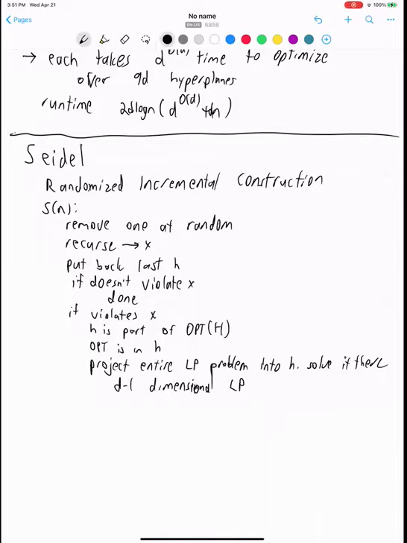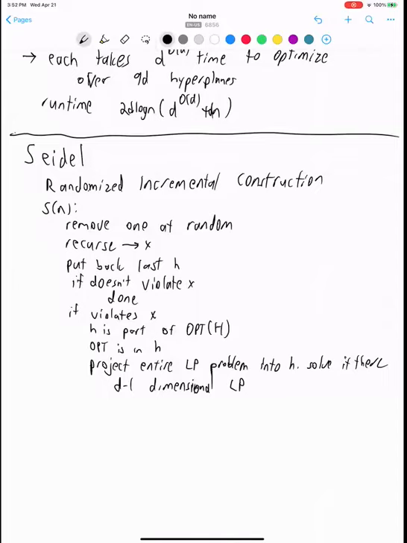Right? Does anybody have trouble with the notion of projecting the linear program? Basically you have a collection of hyperplanes, constraints, and each of them intersects with H and therefore imposes a constraint on H. So I just take all of those constraints that are projected onto H, and that defines a new polytope inside of H, which is D-1 dimensional.